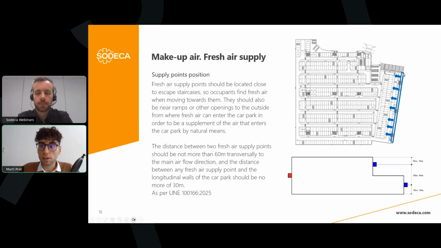Also, when positioning the supply points, it is important to notice where we have the evacuation points. As far as possible, it would be recommended to have these supply points near these evacuation points, because this way you are providing fresh air inside the car park, so the occupants can evacuate easier.